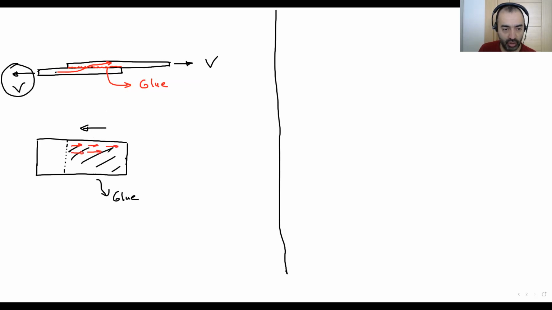We are going to calculate the shear stress first, and then we will check it with the allowable shear stress of the glue. If our calculated stress is less than the allowable stress, yes, this glue works and transfers all loads to the other member. Otherwise, if the calculated one is greater than the allowable, no, that means there is a problem.